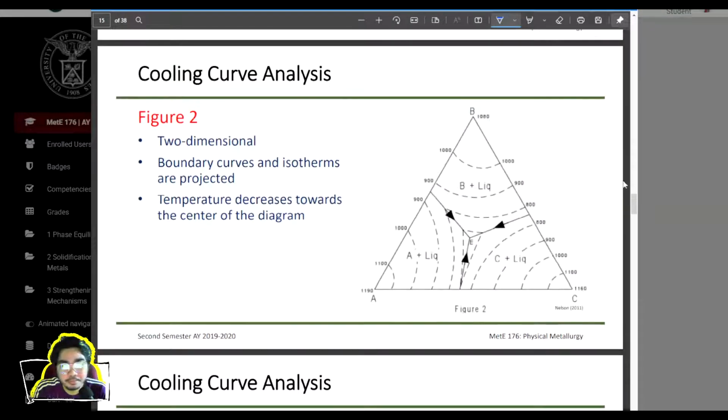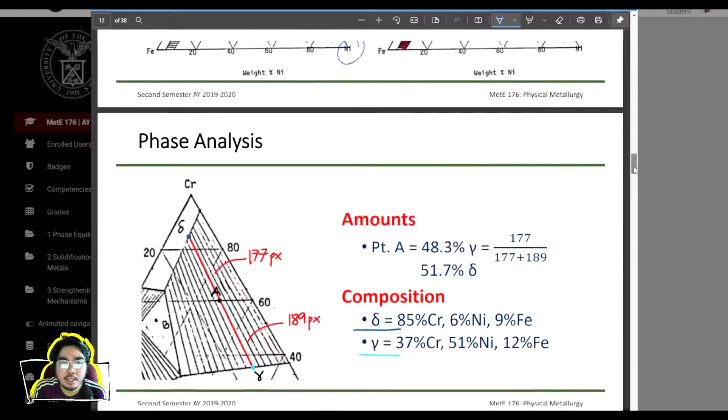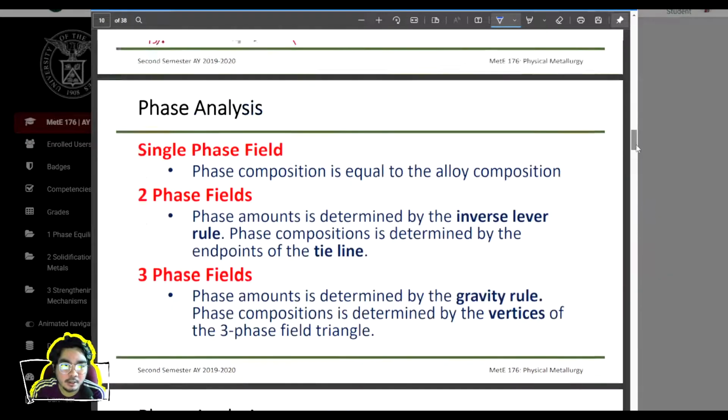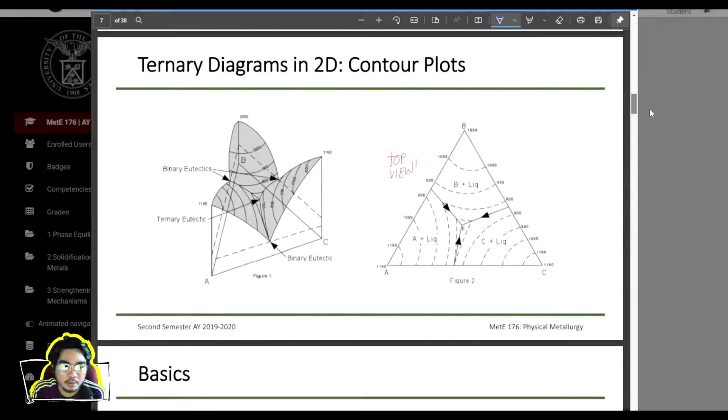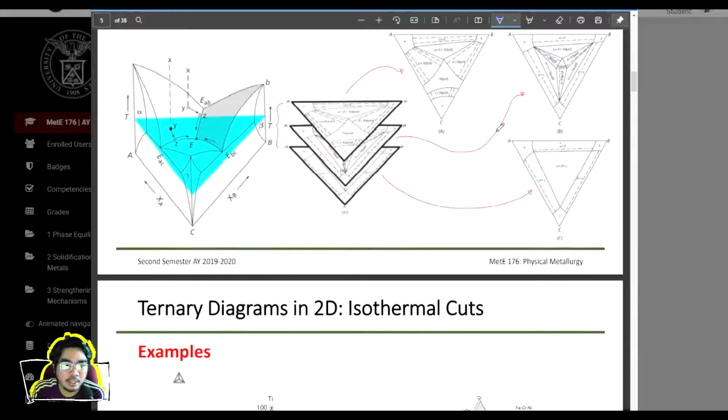Okay? So the way cooling curve analysis is laid out is different, because again, we only have a 2D representation, right? So if for phase analysis, this is taken at specific cuts, no? So for example, if you have this 3D plot like this, you can take slices at different temperatures.